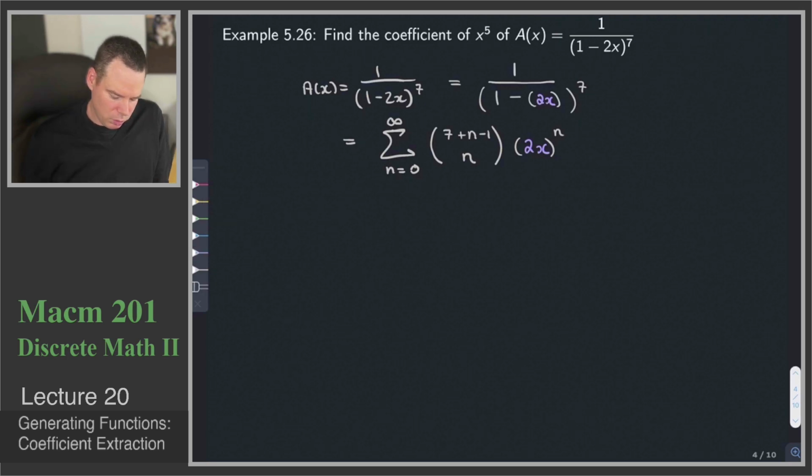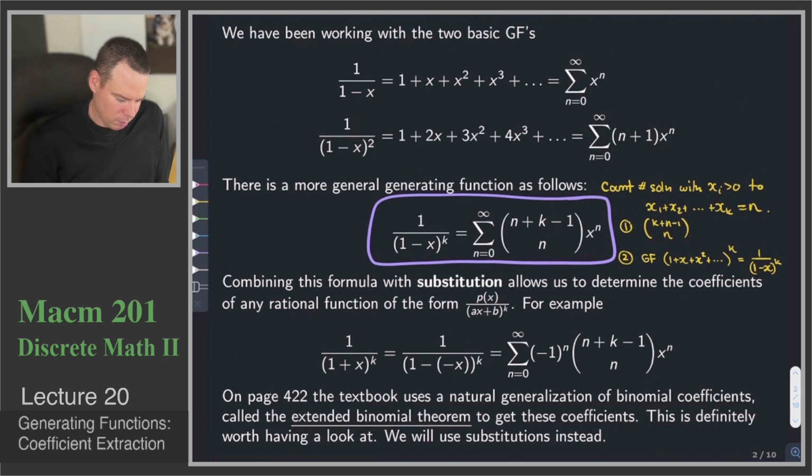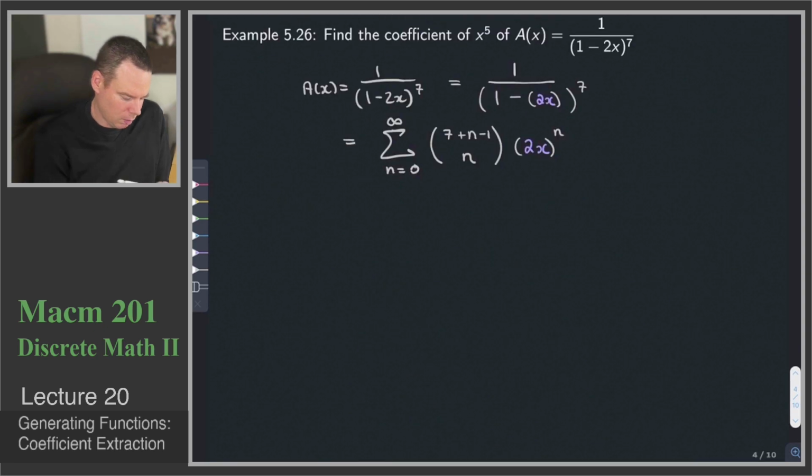So we are just using our main result with k equal to 7 and then also with x being replaced by 2x. So 2x gets replaced here. That's all that's happening. And so this becomes the sum, n equals 0 to infinity, of (n plus 6 choose n) 2 to the n x to the n.